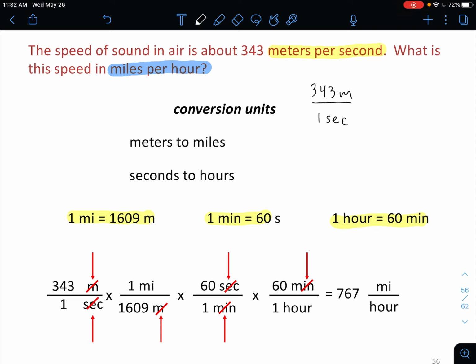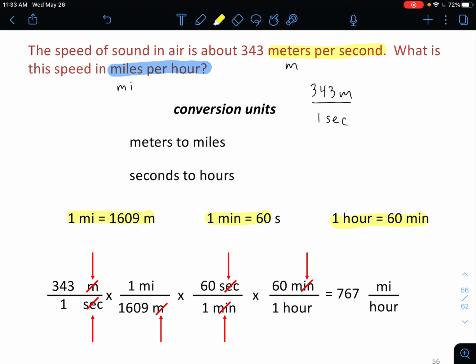So for meter, I'm going to use M, and for miles, I'm going to use MI, just so we're clear with our distinction. So our plan is to go from meters to miles, and I know it's already crossed out on my PDF, but if you're following along in the PowerPoint, it'll walk you through this process.